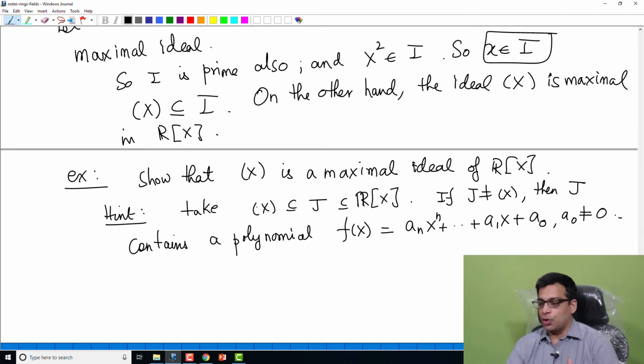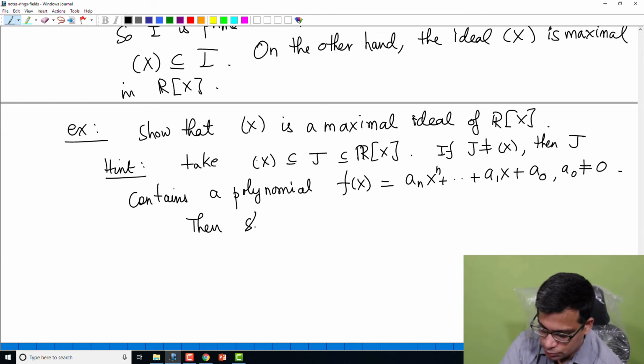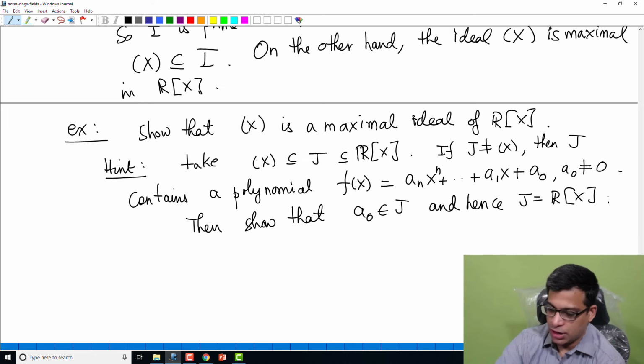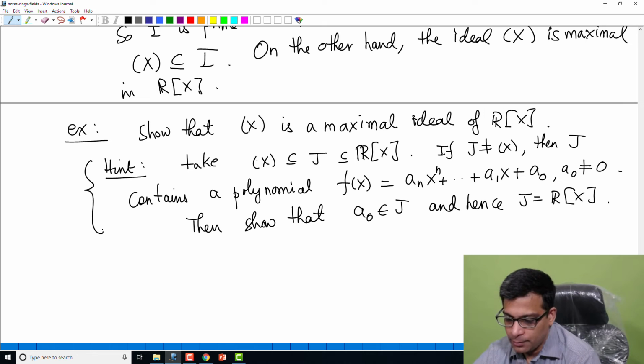So if J is not equal to the ideal (x), argue that it must contain an element of this form, because if it does not contain an element of this form, it is equal to (x). And once you argue this, then show that a_0 is in J and hence J is equal to R[x]. Okay, this is almost a complete hint for you. Using this, you can show that (x) is a maximal ideal.